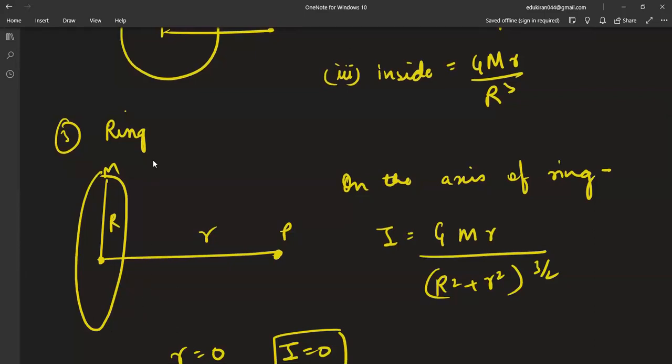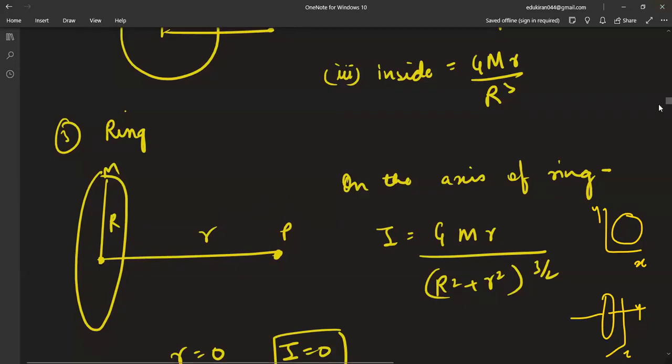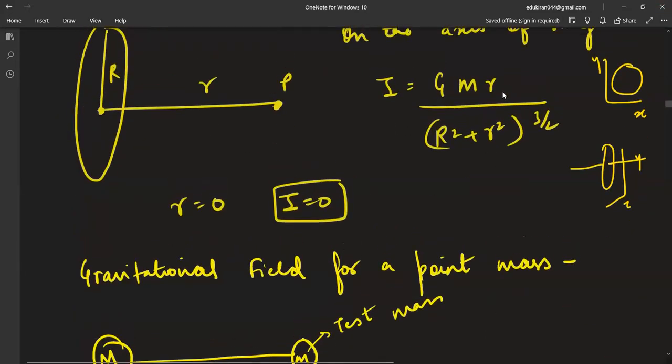See, if you view the ring from the YZ axis, then this axis which was in the XY plane, if I shift it, becomes in the YZ plane. So for this axis passing through it, at a particular point at a certain separation, when we are finding the gravitational field, the formula is I is equal to G small m into R divided by (R square plus small r square) to the power 3/2.